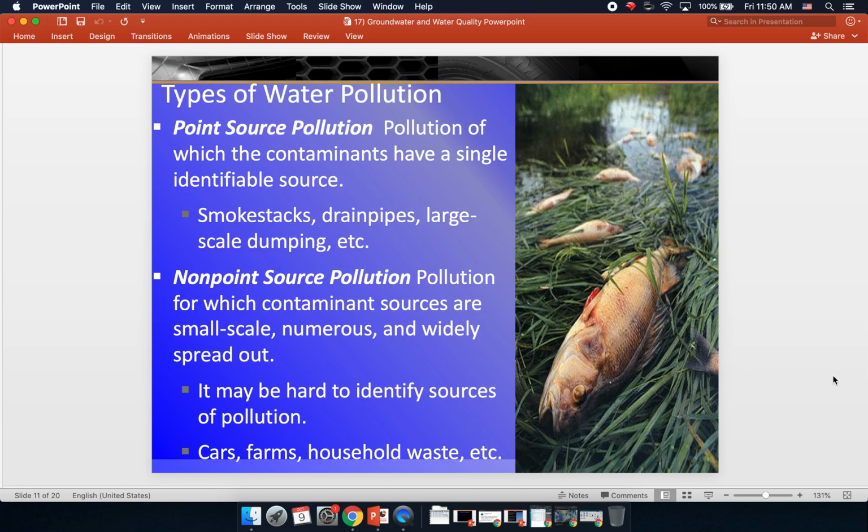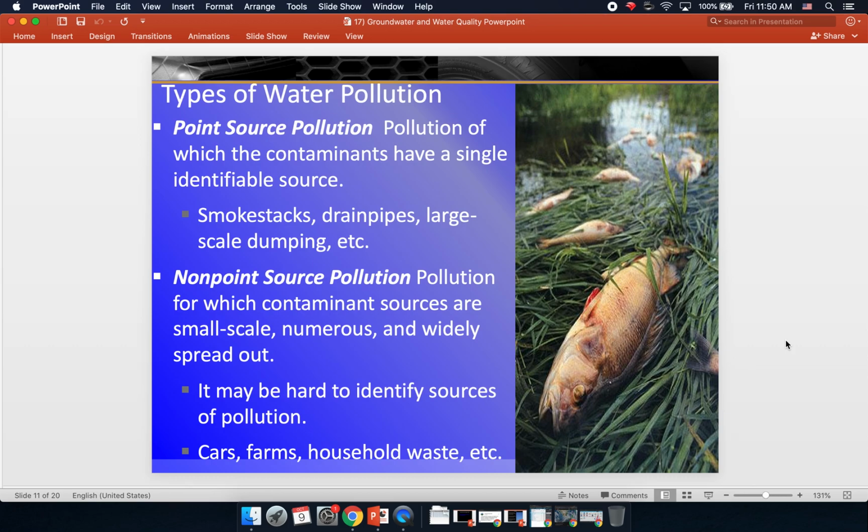Sometimes we have farms listed on point source pollution and non-point source pollution, but sometimes farms can count as a source of point source pollution if it's readily identifiable that the pollution is coming from the farm. Now, non-point source pollution is not easily identifiable.